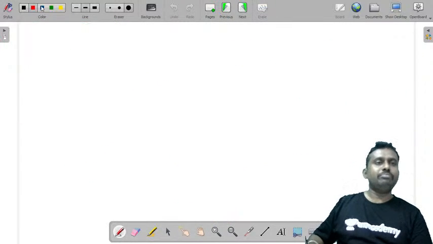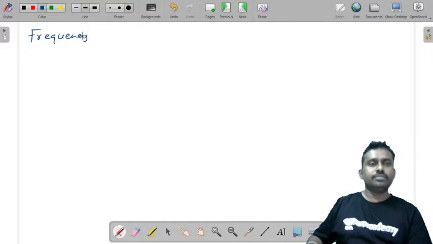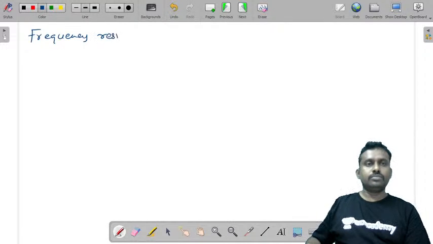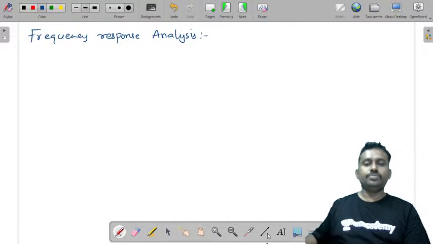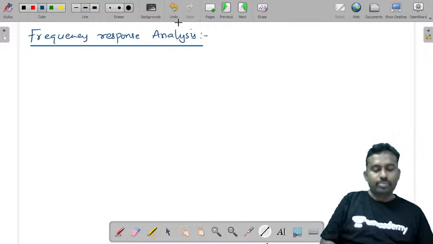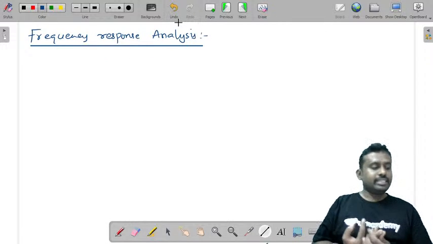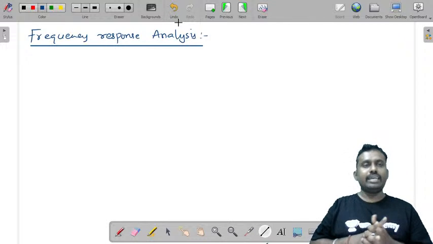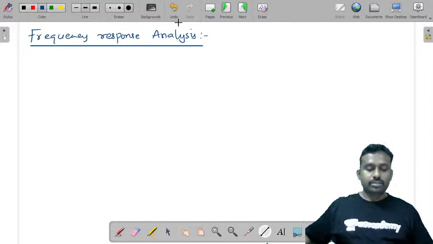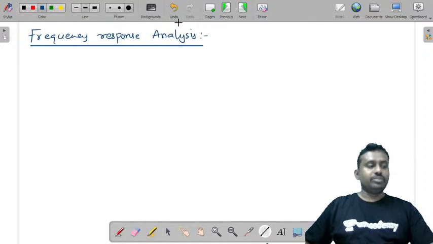So before that, let me take what is frequency response analysis and tell you what is that. Till this point, hope everything is clear. Discuss frequency response plot and I'll start BODE plot. Then we'll see a problem probably today, if not tomorrow, we'll try to discuss a problem on this BODE plot once again.